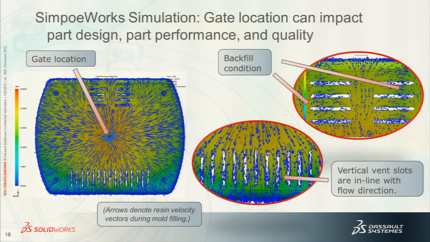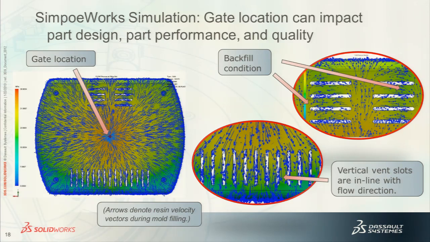Okay, here at the vertical vent slots running along the bottom here, these flow vectors are more in line with the slots, so you don't get a backfill condition because the material here is coming up through between the slots, and then also you have a wave front coming back around.